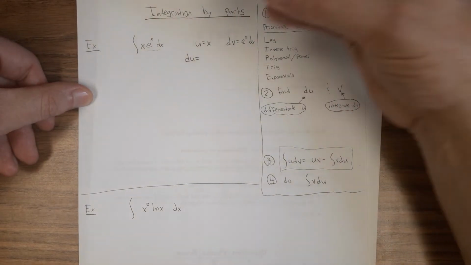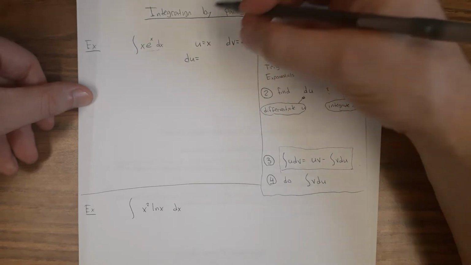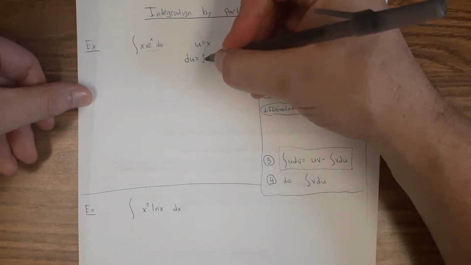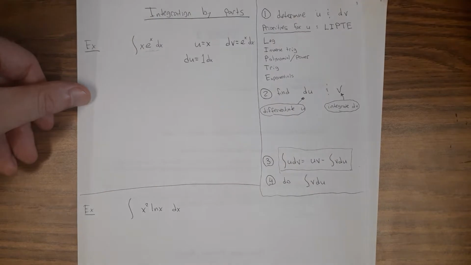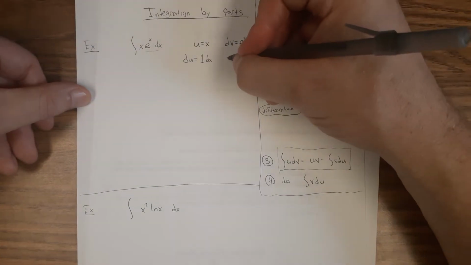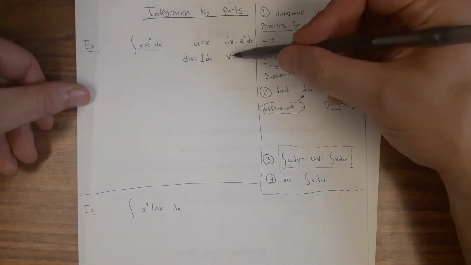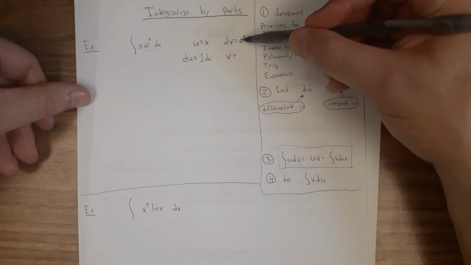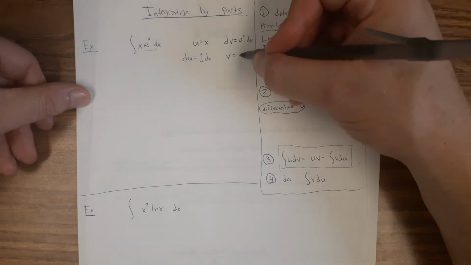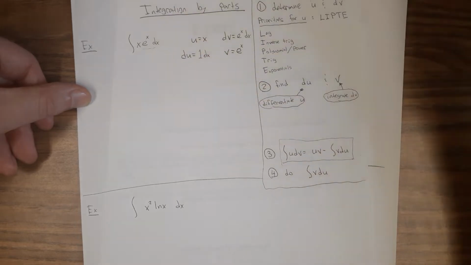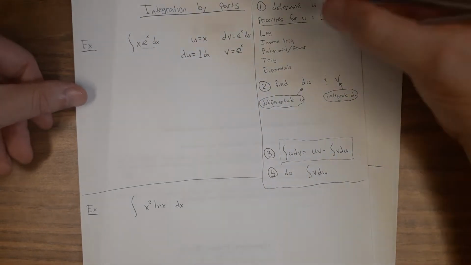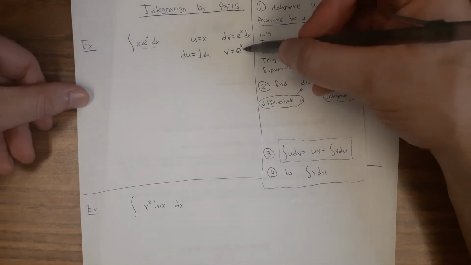du, I'm just doing this derivative, so it's just 1, and I'm supposed to write a dx there. For v, I'm doing the antiderivative of e to the x, which is just e to the x. And by the way, when you're doing integration by parts and you're finding v from dv, there's no point in putting a plus c here.